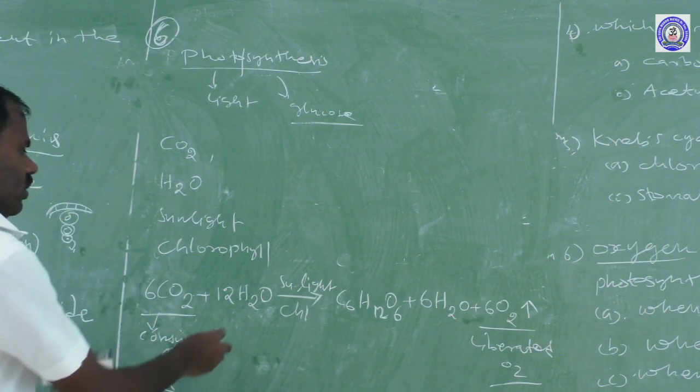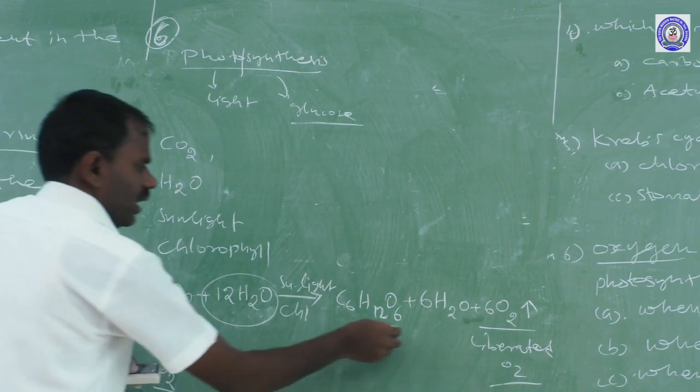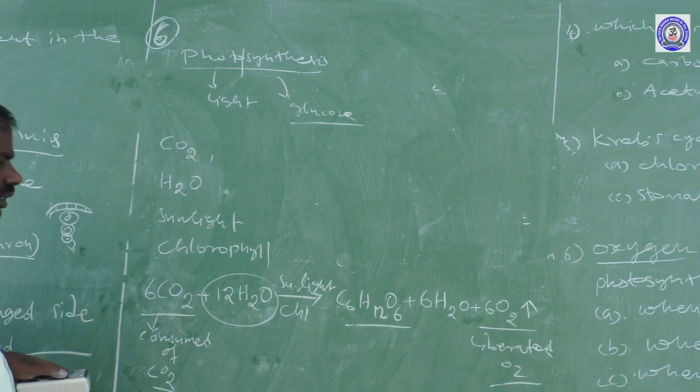In splitting, 12 molecules of H2O are used for the synthesis of glucose during photosynthesis.